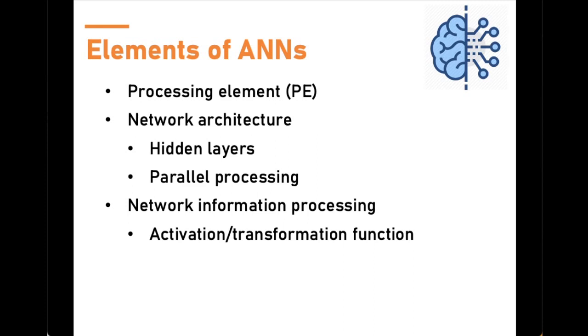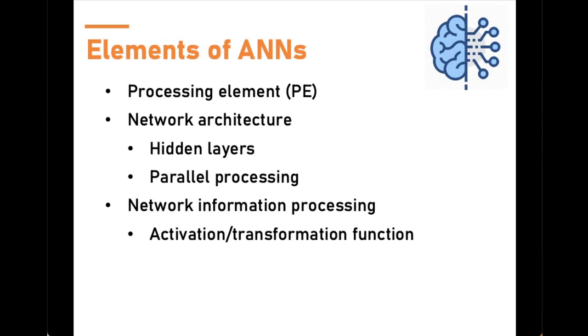The processing elements of an artificial neural network are artificial neurons. As I showed you some slides ago, these artificial neurons receive the information from other neurons, perform a transformation on the inputs, and then pass on the transformed information to other neurons or external outputs through the synapse.